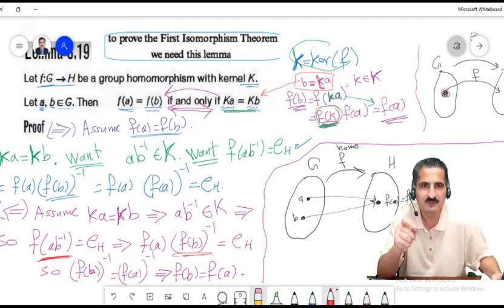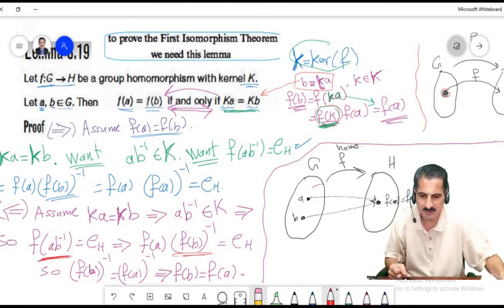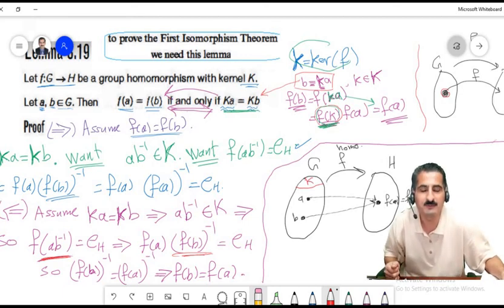Remember the theorem which says every two cosets are either the same coset or they are disjoint. So what I will do is I will partition G according to the cosets.